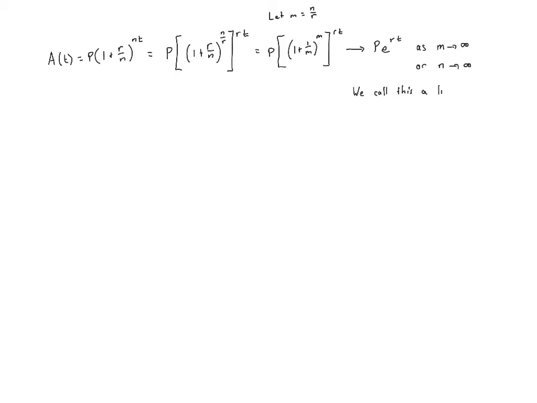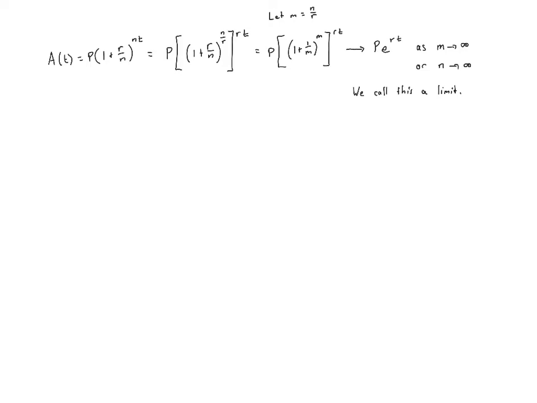This is something that you're going to see in calculus. We spend quite a bit of time looking at limits, but right now, all we need to focus on is that this is the formula we would have if we were compounding continuously. Instead of every month or every day, we would be compounding every moment as we went forward through time.